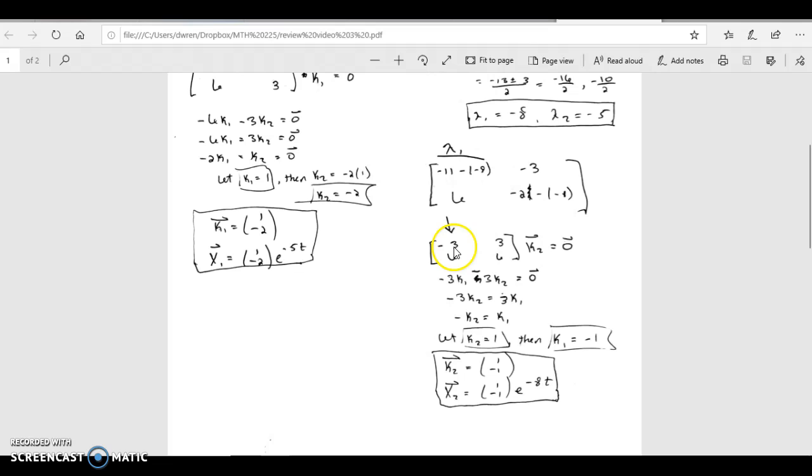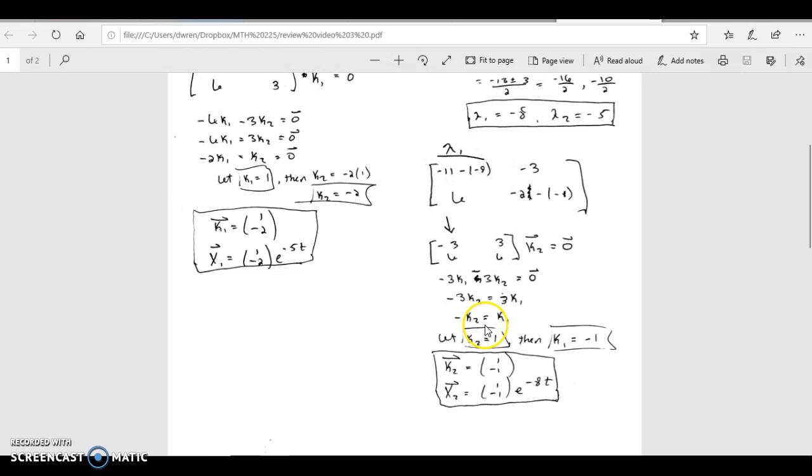The matrix should be negative 3, 3, 6, and 6. So you get negative 3 k1 minus 3 k2, which equals 0. Then negative 3 k2 equals 3 k1. That would be adding over 3 k1 to the other side. Negative k2 equals k1, dividing by 3 from both sides.